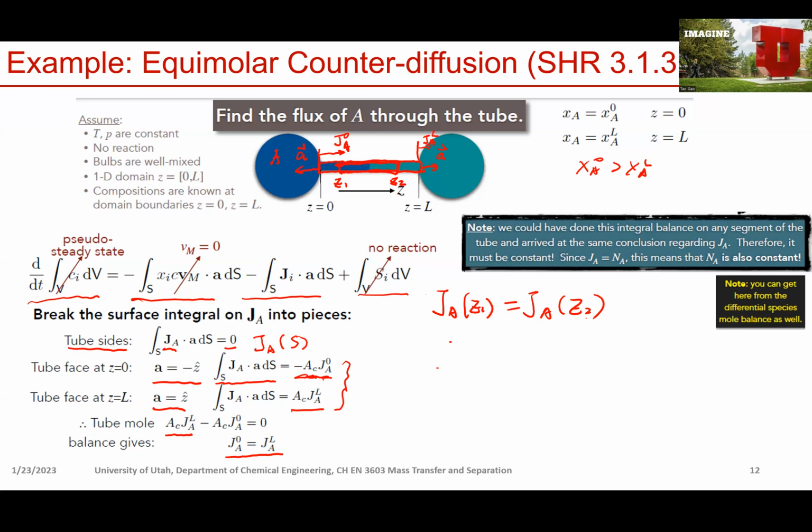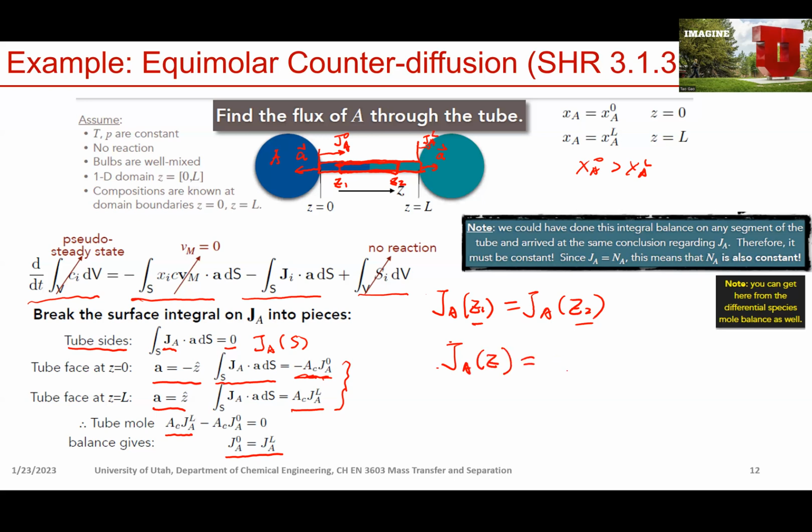And even further, because we pick Z1 and Z2 arbitrarily, they can be any location in the tube, which means that in order for this equation to hold, JA as a function of Z is going to be a constant.